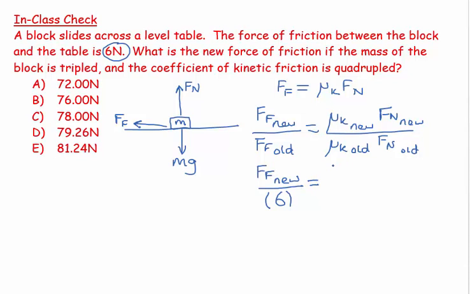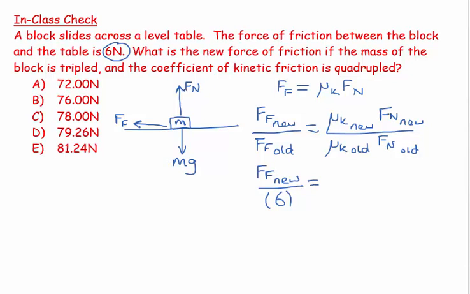And this equals, and the first piece of information it gives me, maybe they're all needed, maybe there's some extra information in here, but it says, what is the new force of friction? That would be Ff new. If the mass of the block is tripled, well, if I look here, if I triple this mass, but g stays the same, I triple my Fn.